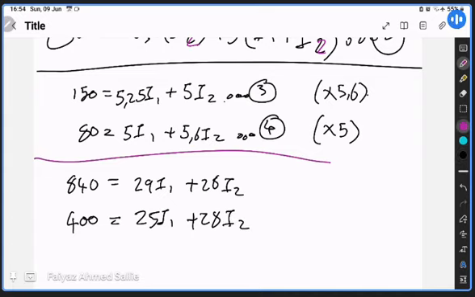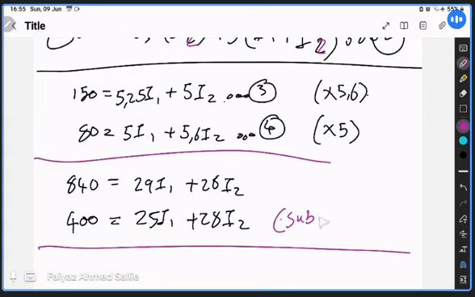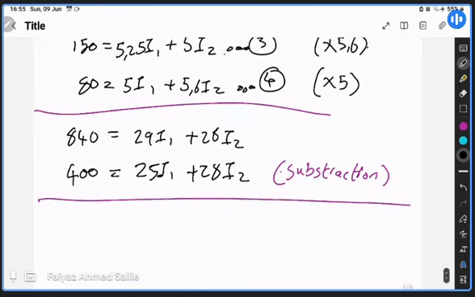Now, what we're going to do is subtract. Basically, we're going to subtract the two.